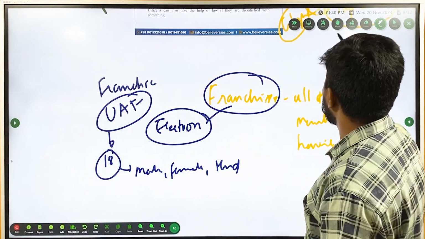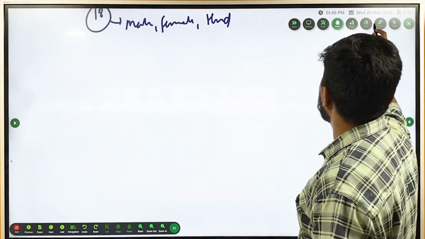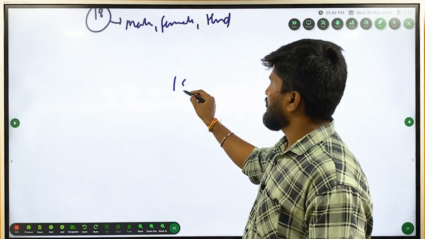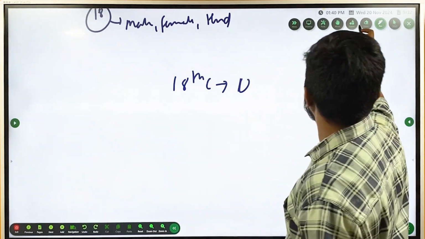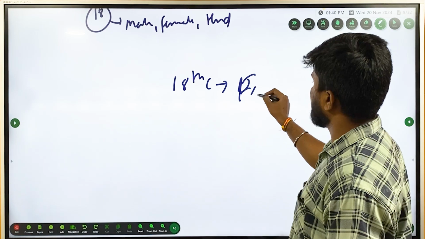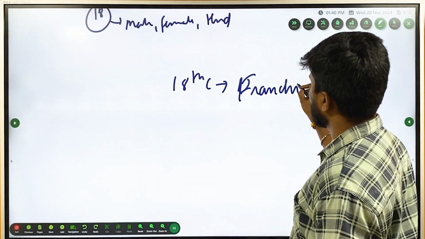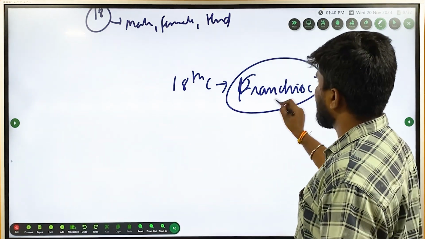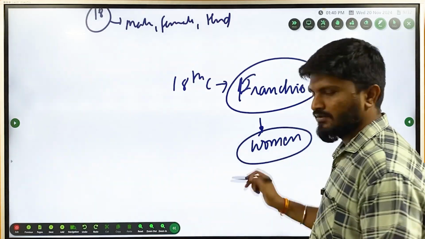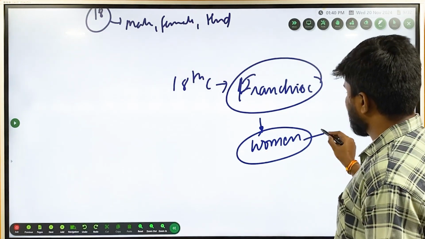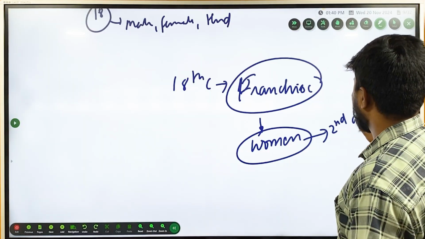But the franchise differs from country to country and from time period to time period. For example, before the 18th century, the franchise, meaning those who had the right to vote, did not include women, because they considered women to be second grade citizens.